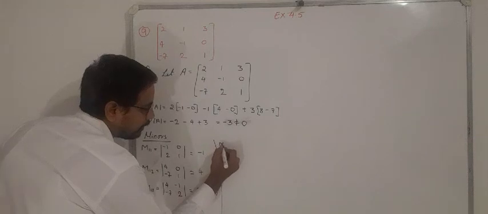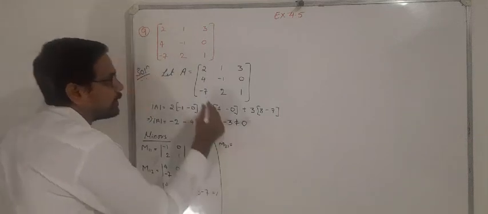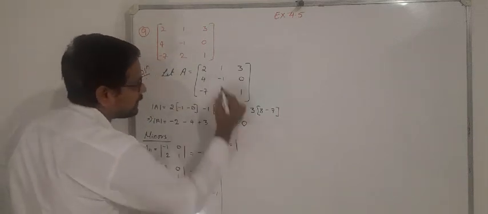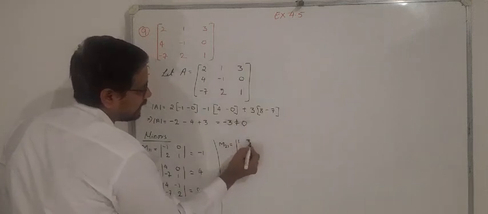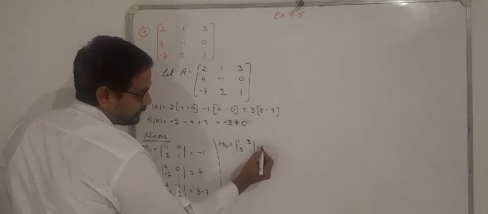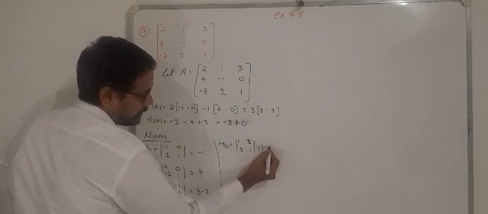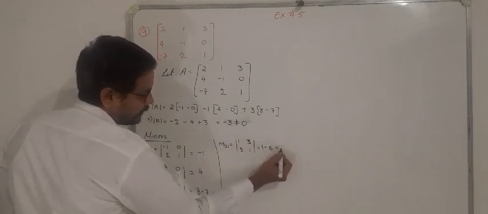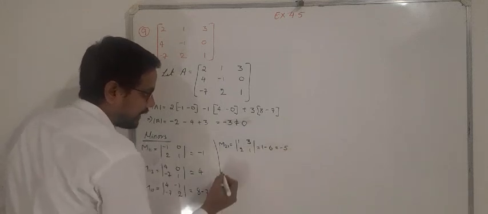Now M21 is the minor of A21, that is 1, 3, 2, 1. So this is 1 minus 6, that is minus 5.